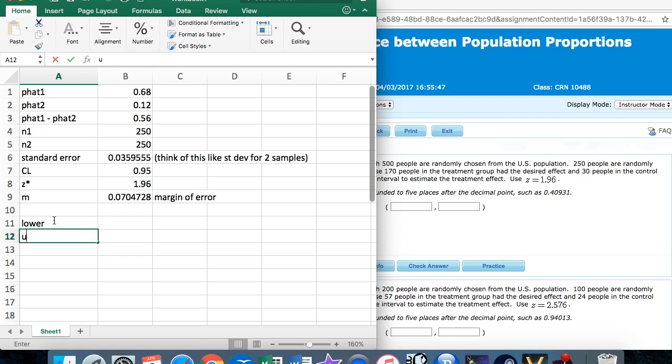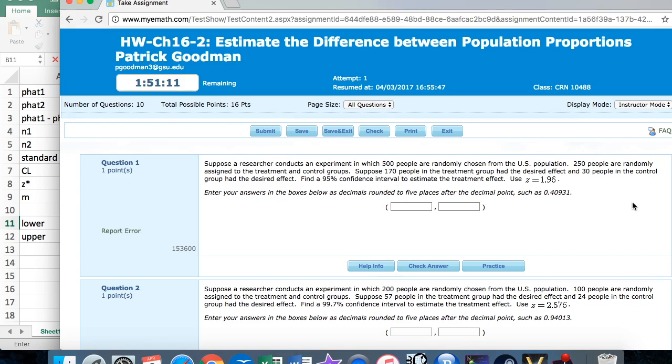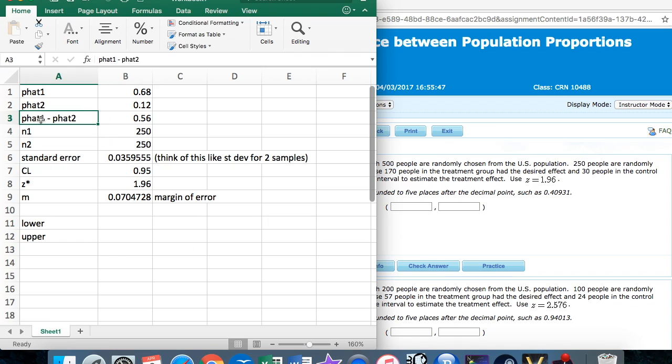So this part's the simple part. Now remember, we're talking about an interval to estimate the treatment effect. So we're comparing the treatment group and the control group. We're trying to figure out, okay, how much better was the treatment than the control group? That's why we have the p hat for the actual treatment group minus the p hat for the control group, right?